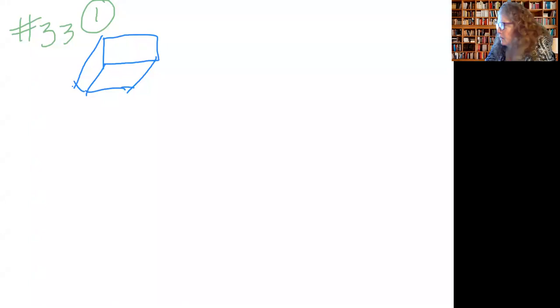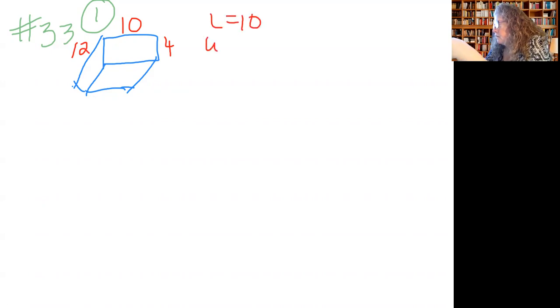Okay, the top is 4 by 10, and the height is 12. Okay. So on your homework, you can actually just write the length equals 10, the width equals 4, and the height equals 12, and then work it out.